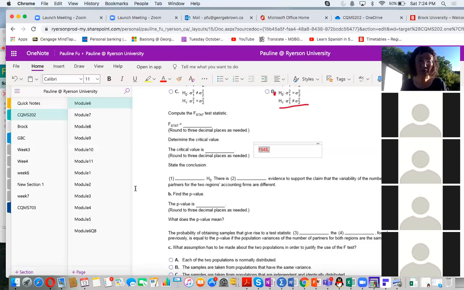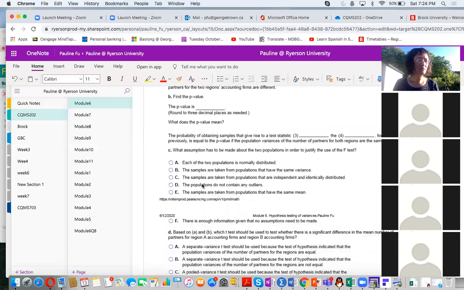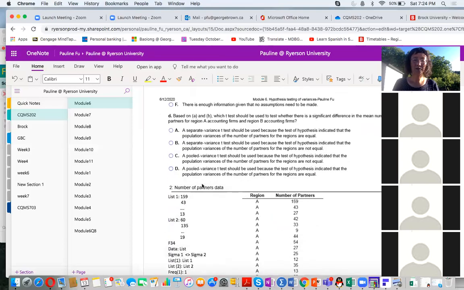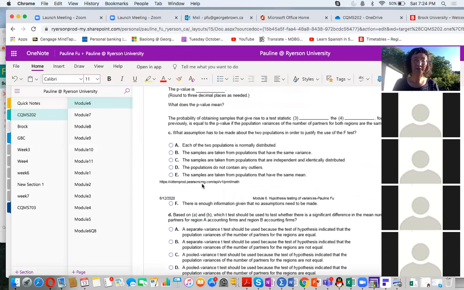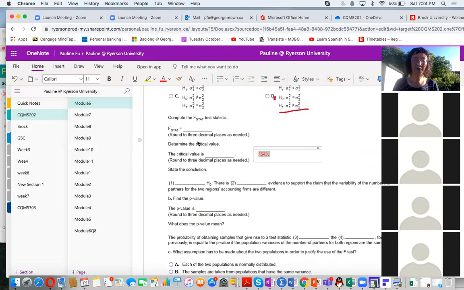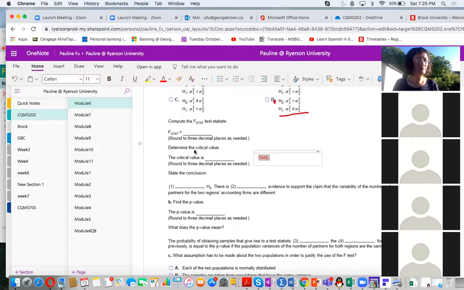This one is critical value for F, but you are given the original data. Okay, critical value. Inverse F, data is list. You can choose data variable. The critical value has nothing to do with the original data, okay?